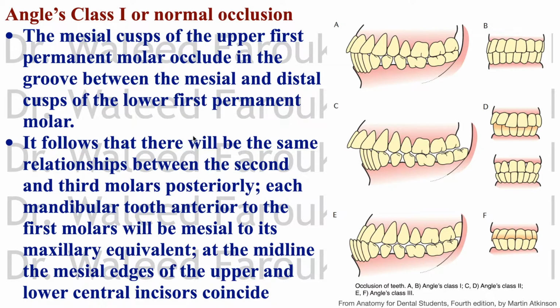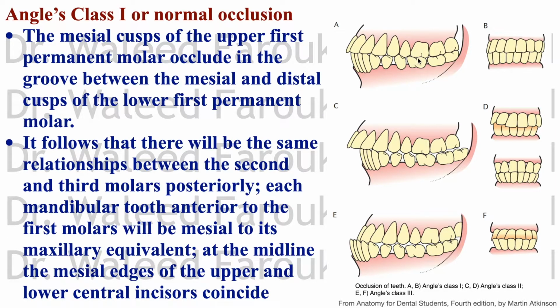Angle's classification 1, or Angle's class 1, or the normal occlusion, as you can see here. Look at the permanent molars here. The mesial cusps of the upper first permanent molar occlude in the groove between the mesial and distal cusps of the lower permanent molar, as you can see here.